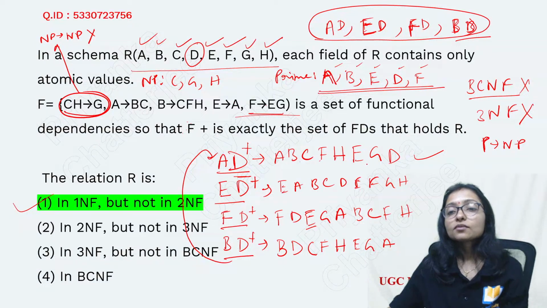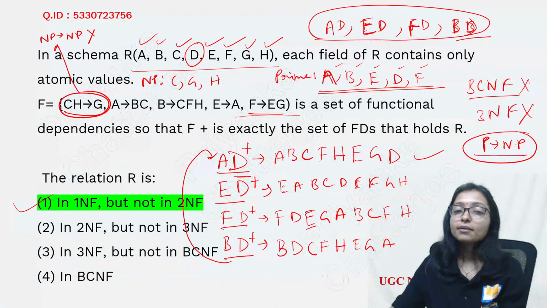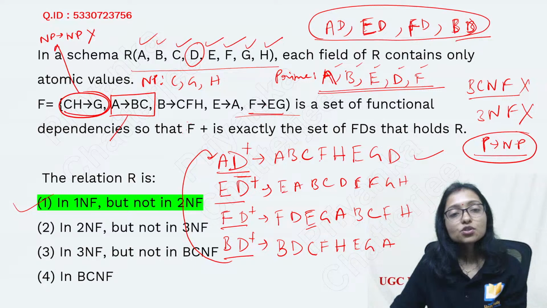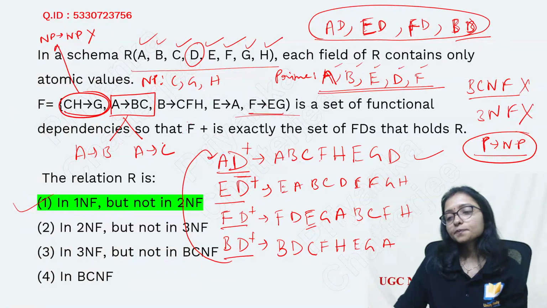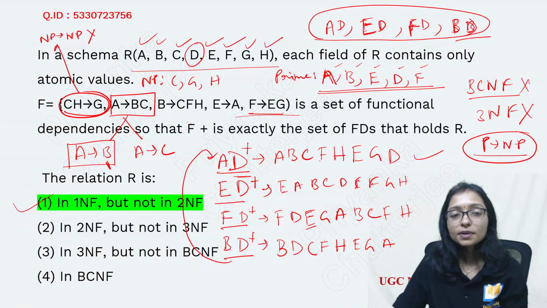So what is happening here? Is non-prime to non-prime happening here? It is happening. You can see BC here. This one I can write as A implies B and A implies C. A implies B is actually prime to prime because B is also prime.